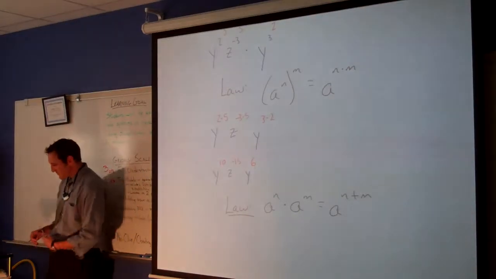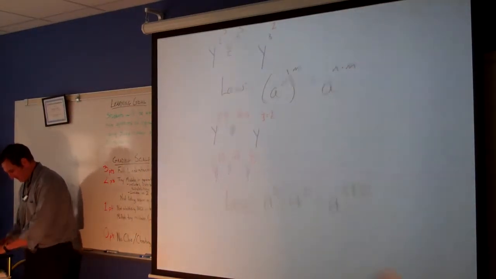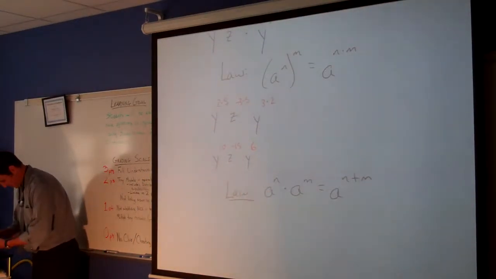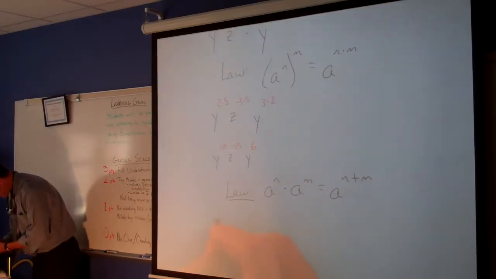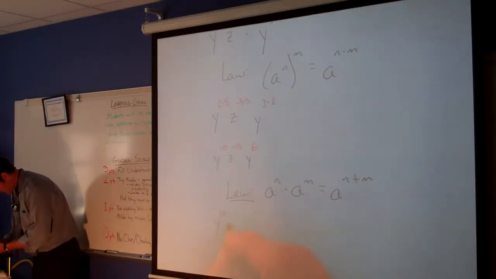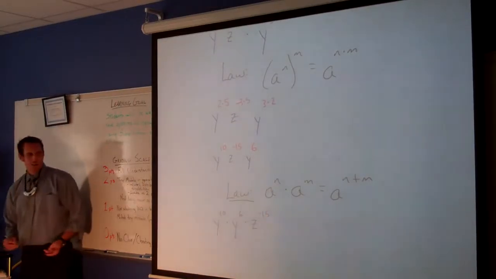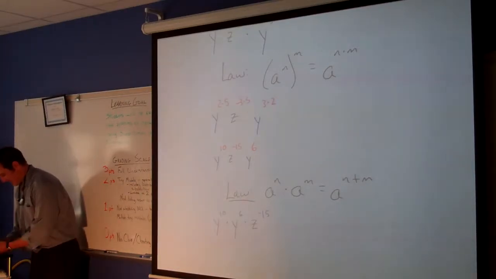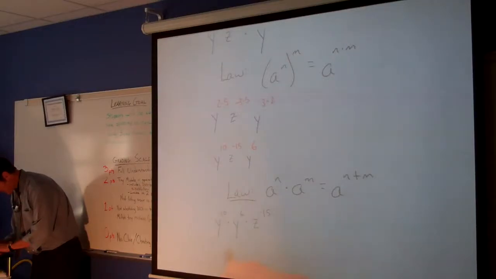So what I have to do is rearrange this whole thing so that I can easily see, because all we're doing is multiplying, and then apply that law. Okay, I keep the base of y and add my exponents.